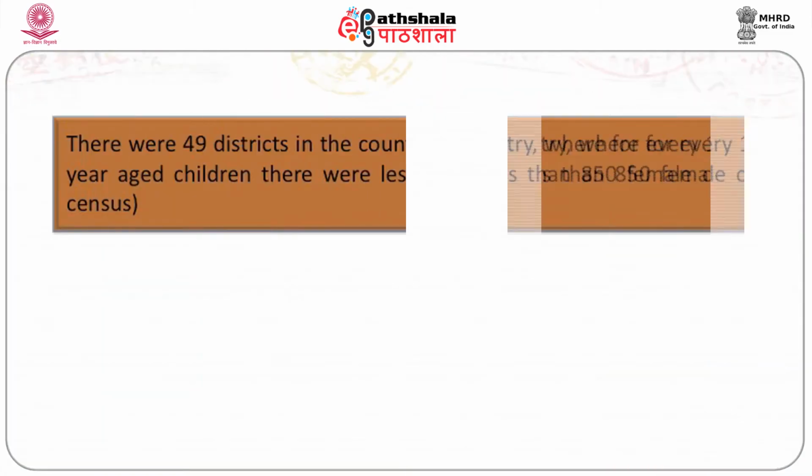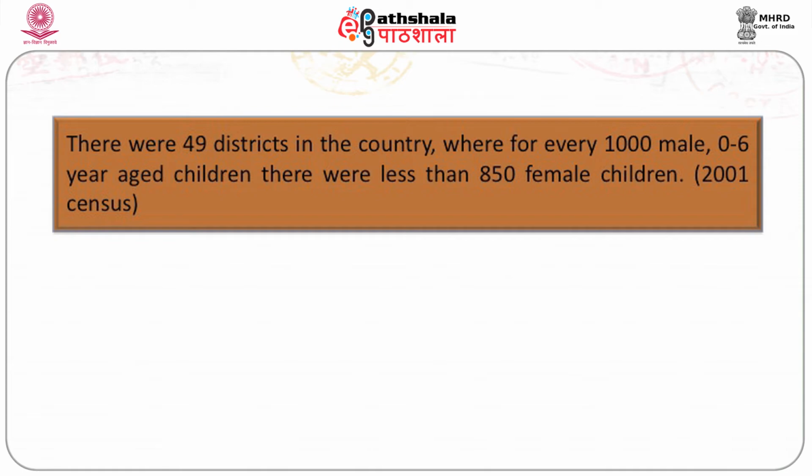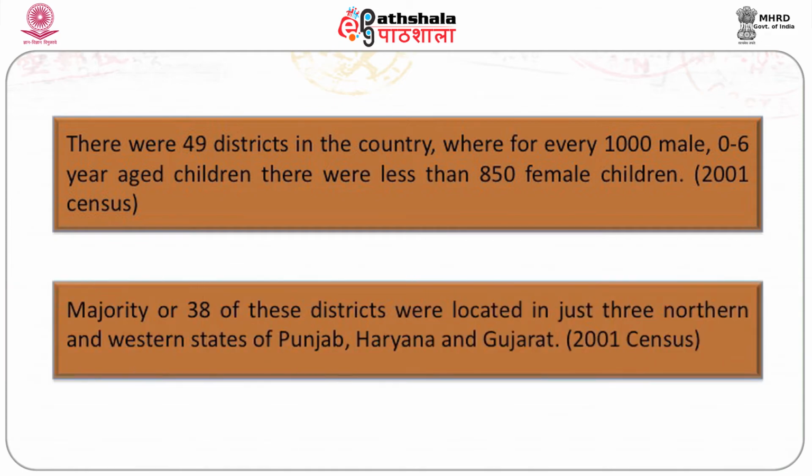There were 49 districts in the country where for every 1000 male children aged 0 to 6 years, there were less than 850 female children, and the majority, 38 of these districts, were located in just 3 northern and western states: Punjab, Haryana and Gujarat.